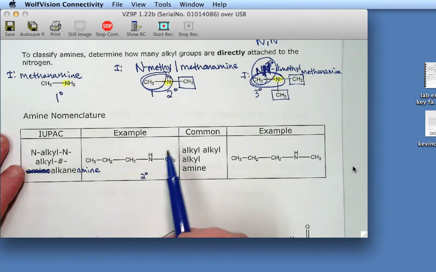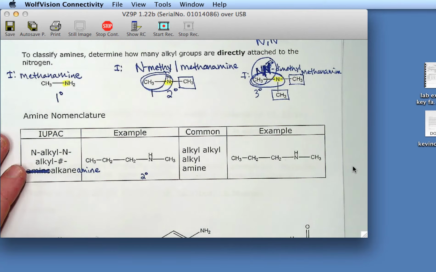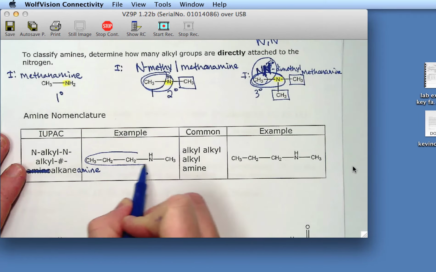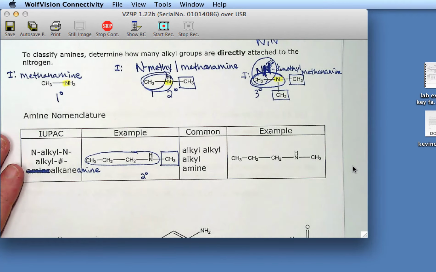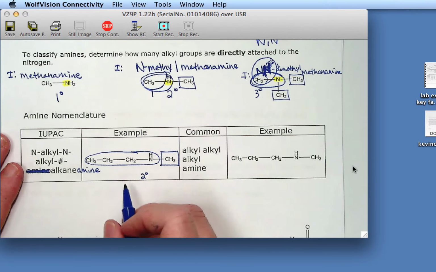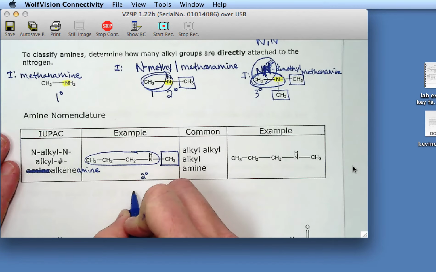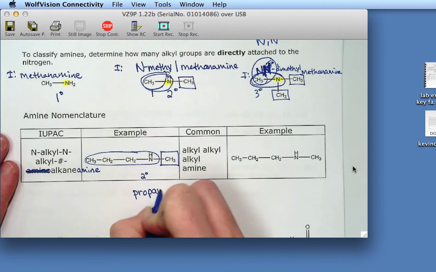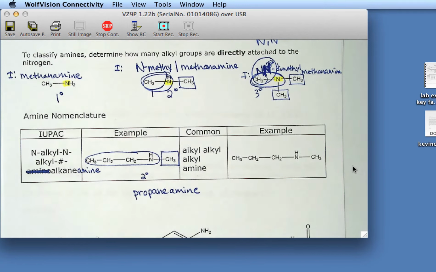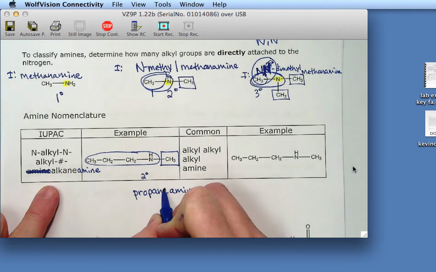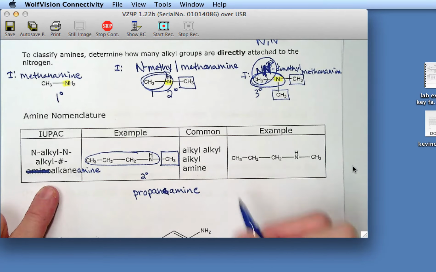So find your parent. How many carbons in your parent? 3. So my parent would be propanamine. But you have to tell me where that amine is. Oh, no, I'm sorry, propanamine, I misspelled that.